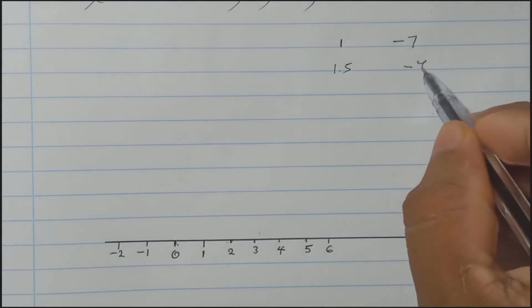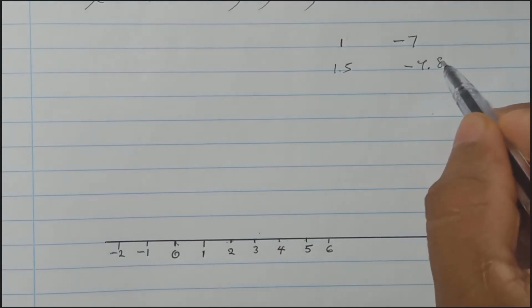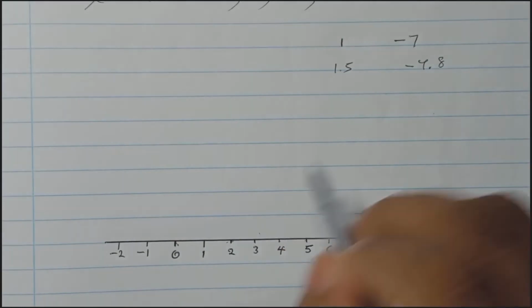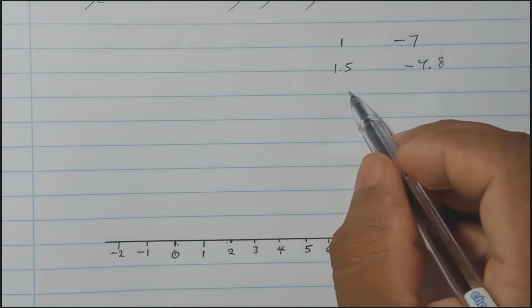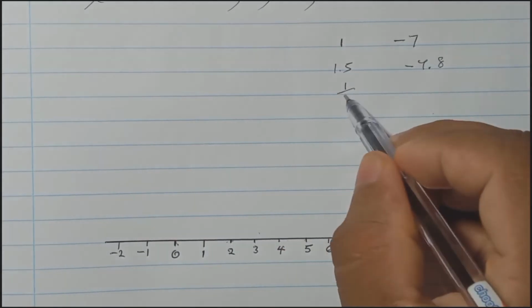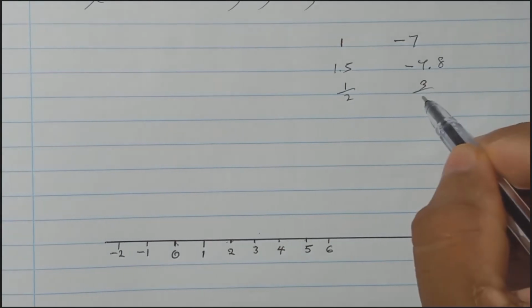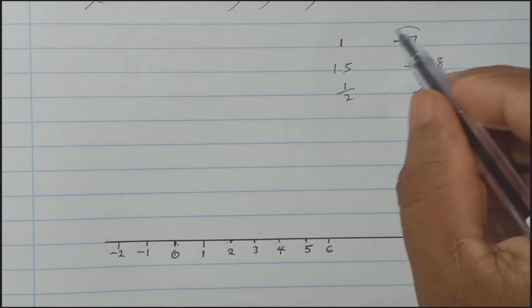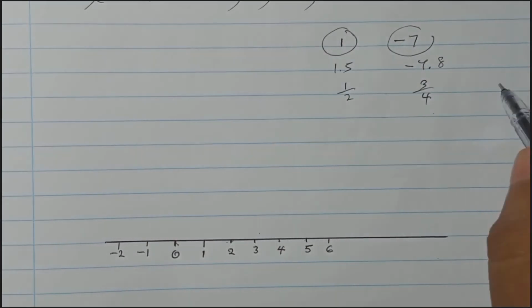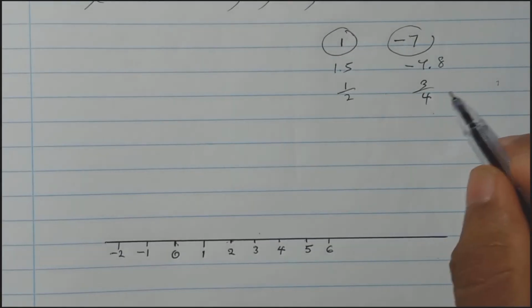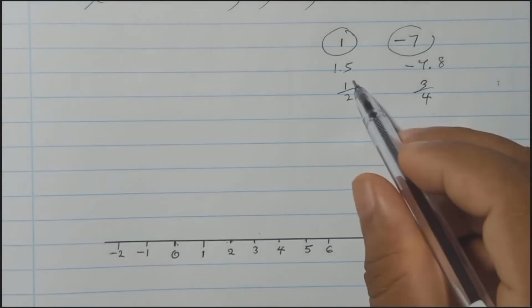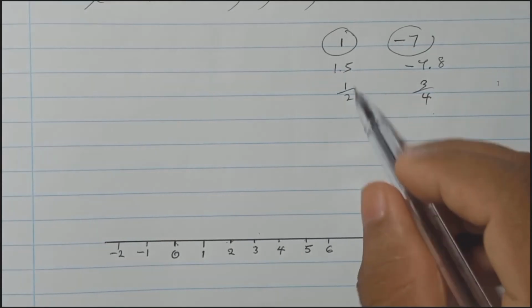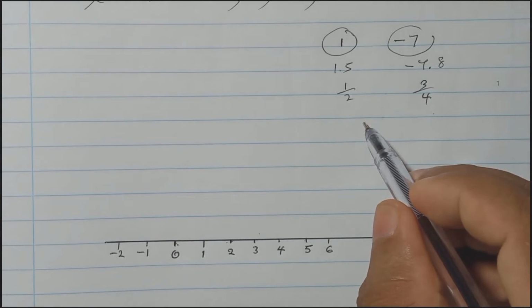and negative 7.8, these are not integers, and also 1 over 2 and 3 over 4, these are not integers. It can be any whole number, but can't be a decimal or fraction.